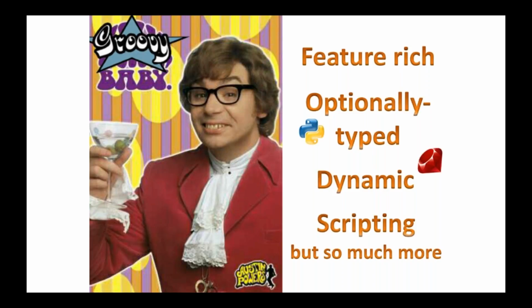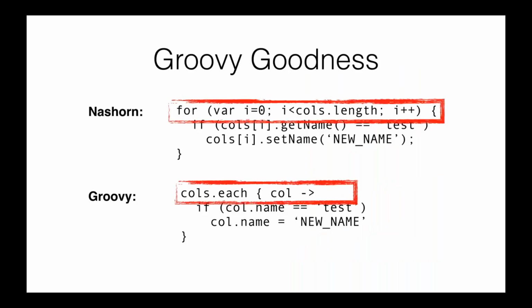I would recommend Groovy because it's got a really concise, easy to use, easy to learn syntax, abundant documentation, and it just makes coding fun again. This is just a little example of how Groovy makes life a little easier. Instead of having to move through a collection using looping and counting, you can just use the each method to move through a collection.